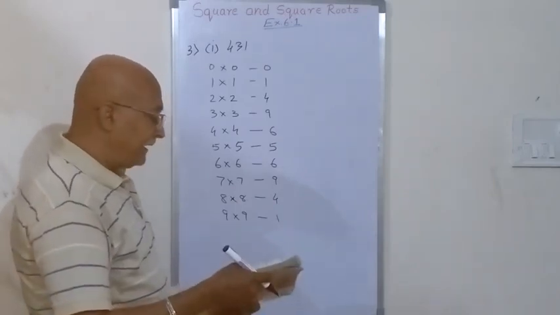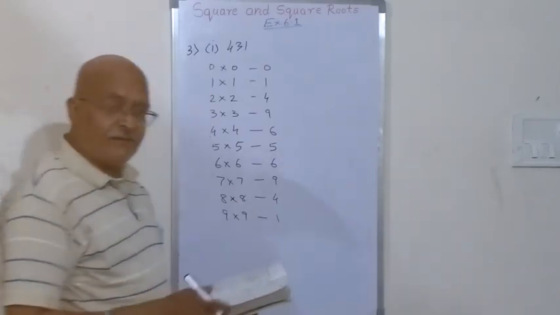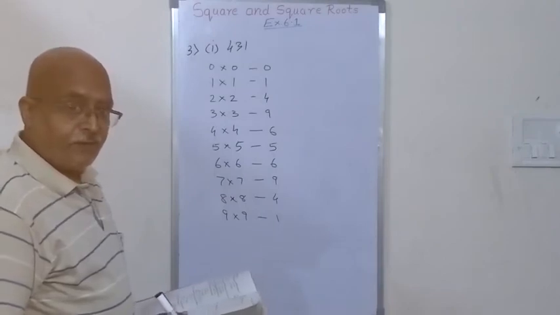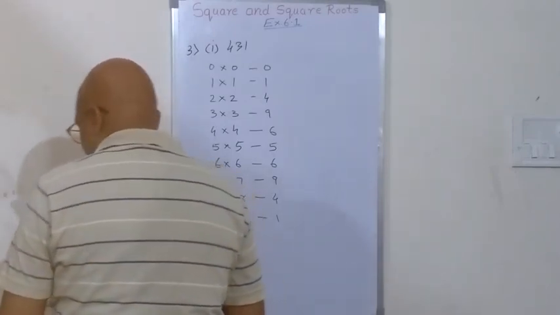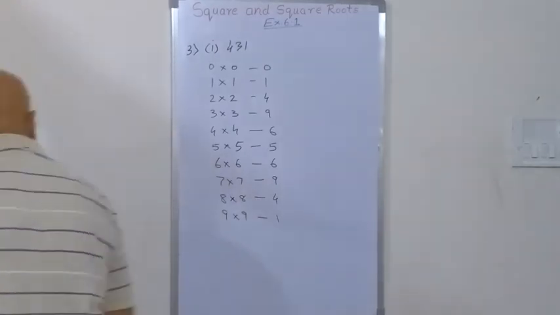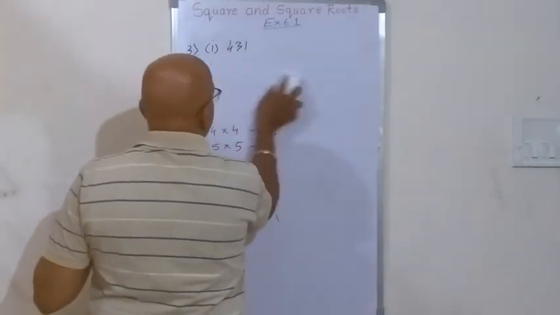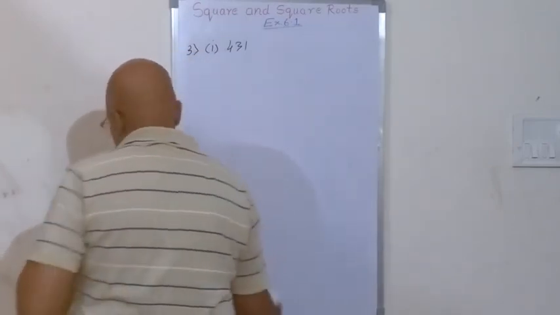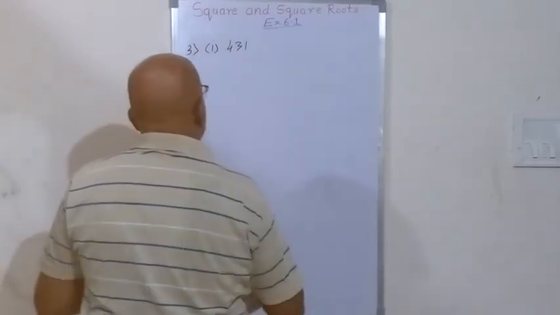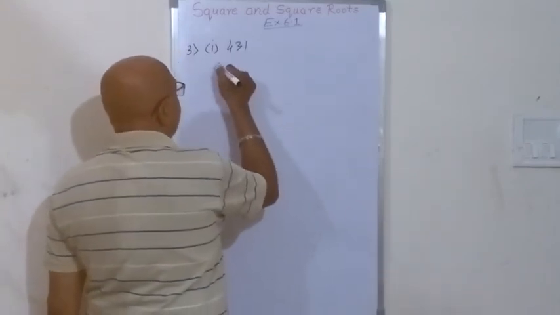It means that whatever the number is, if it is an odd number, then the perfect square of that will also be an odd number. Got it clear?